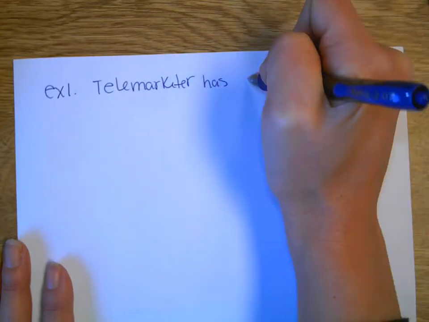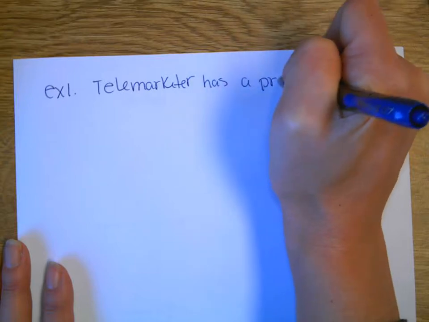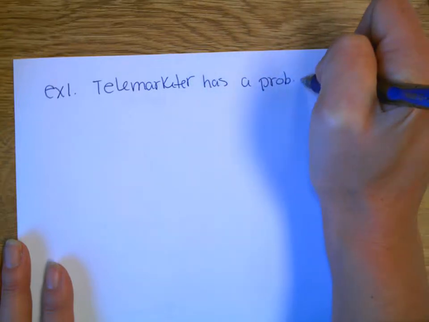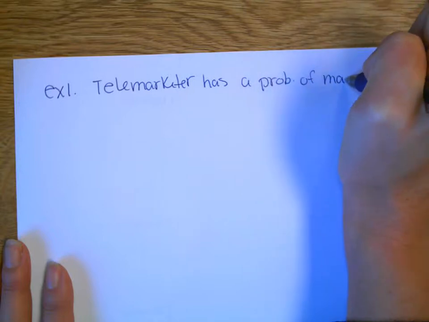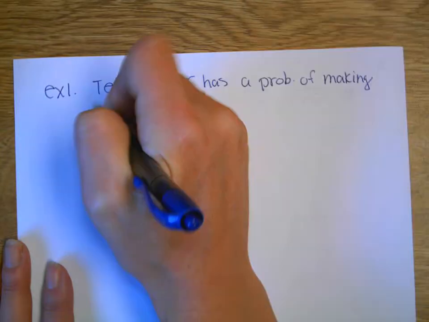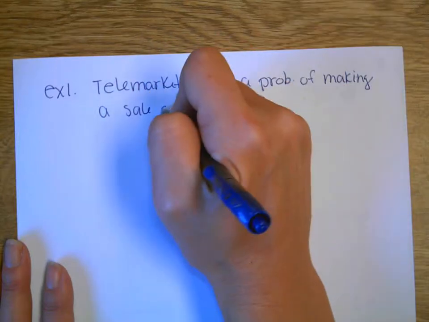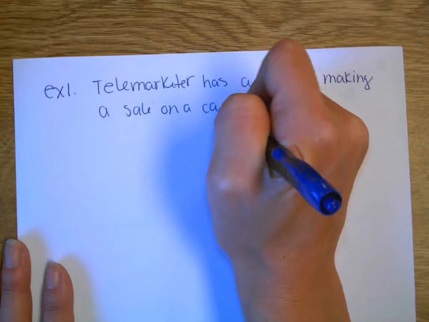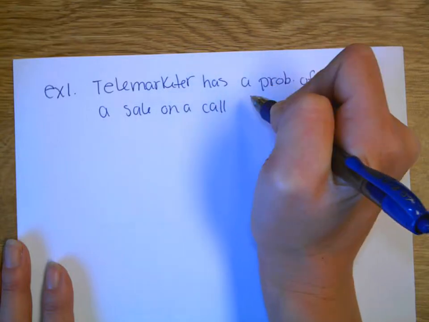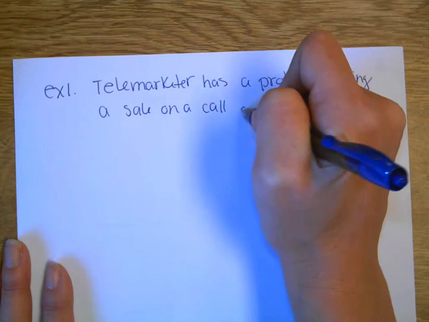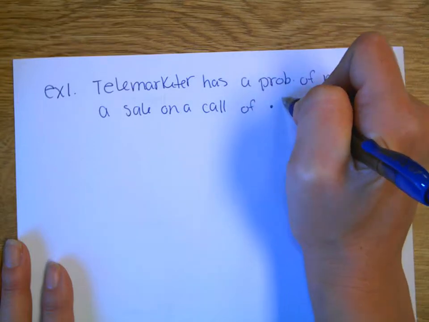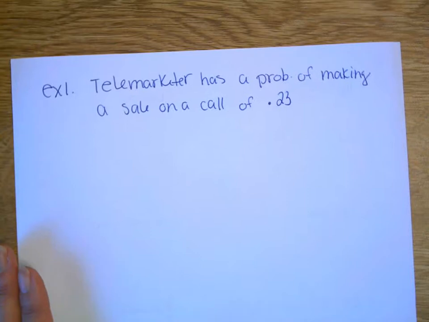Has a probability of making a sale on a call of 0.23. So a 23% chance of making a sale each time they make a phone call and talk to someone. I don't think I phrased that quite right, but.